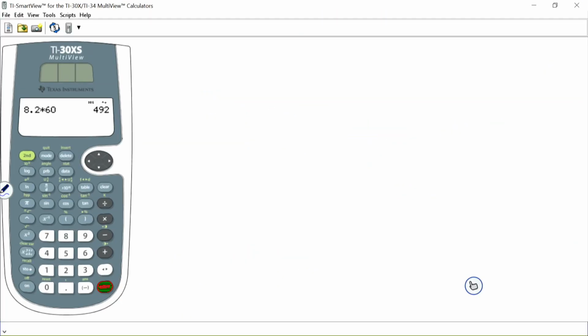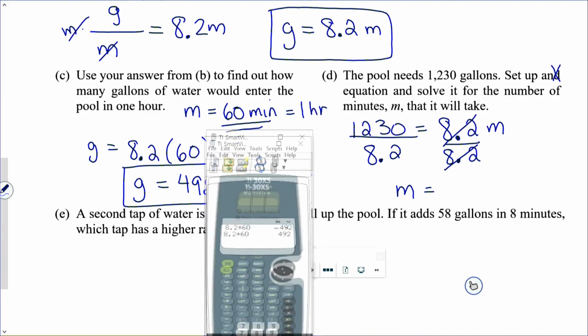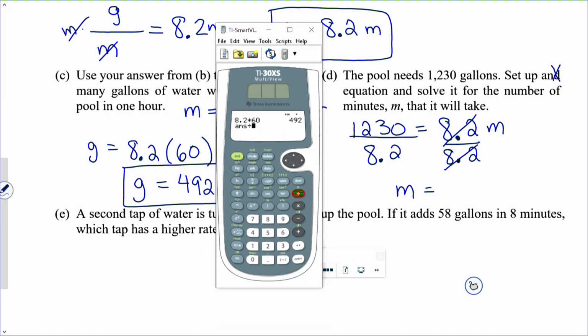On the other hand, here, come back to me, calculator. Here, all we have to do is type in 1,230 divided by 8.2, and we find it's going to take 150 minutes.